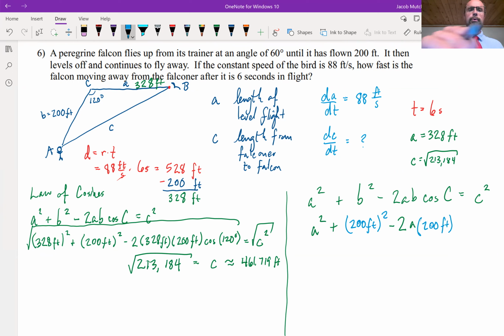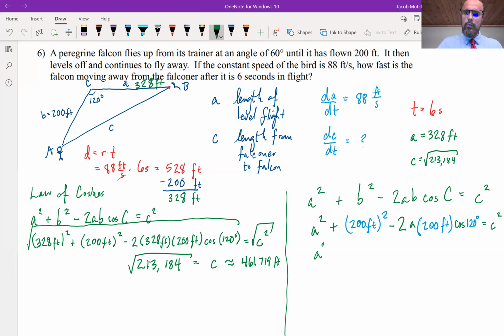And I can also put in cosine of specifically 120 degrees. And that all will equal c squared. So by making those substitutions for the b value and also the angle C, I've now reduced that equation down to just two variables, a and c.